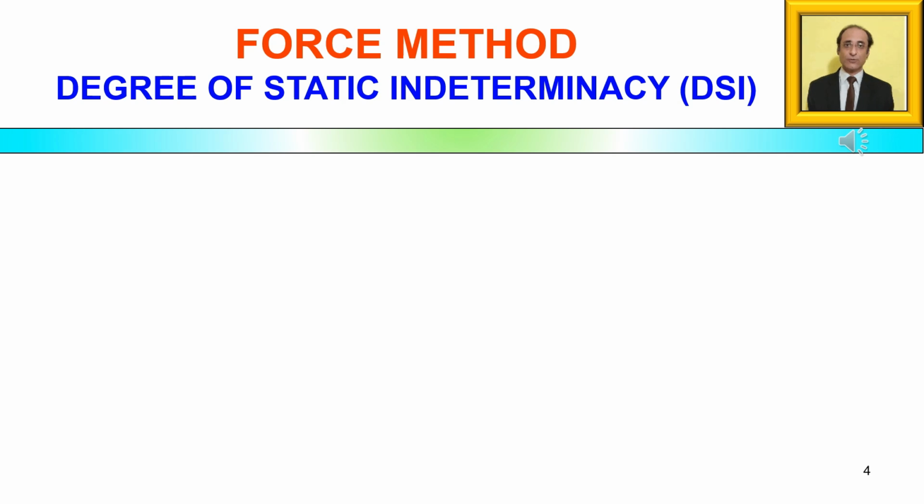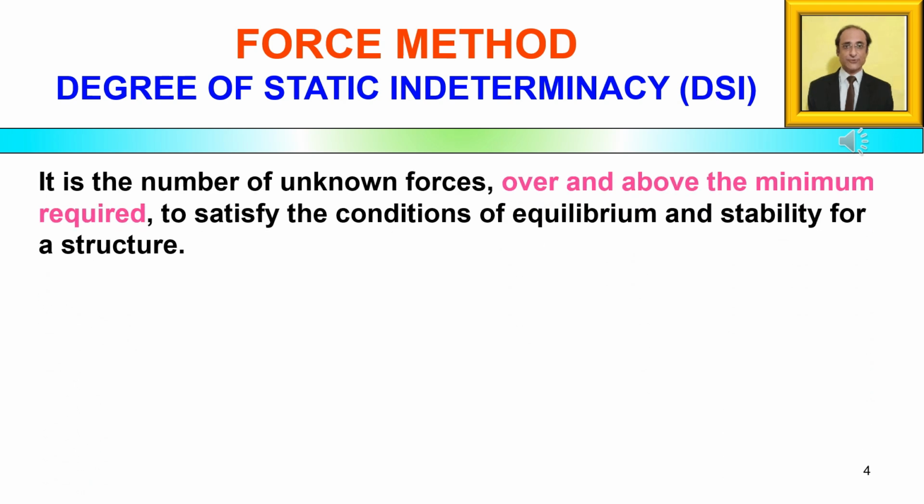In force method, before we begin analyzing a structure, we must work out the degree of static indeterminacy, in short DSI. What is DSI? DSI is the number of unknown forces over and above the minimum required to satisfy the conditions of equilibrium and stability for the structure.